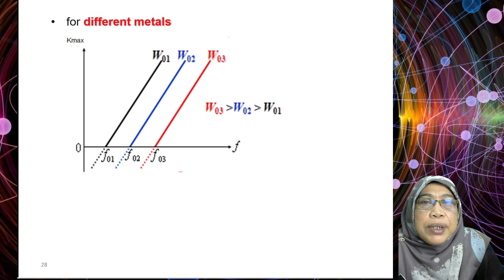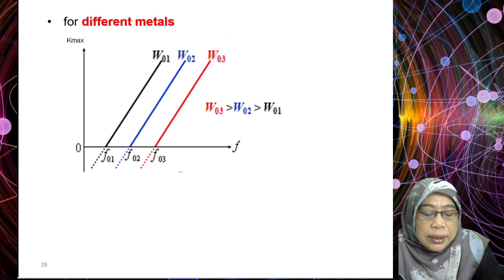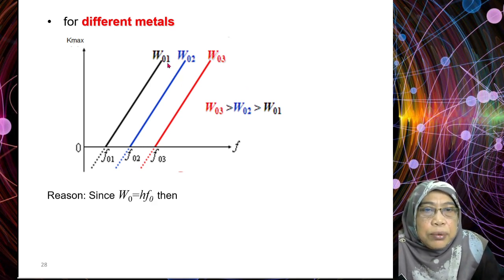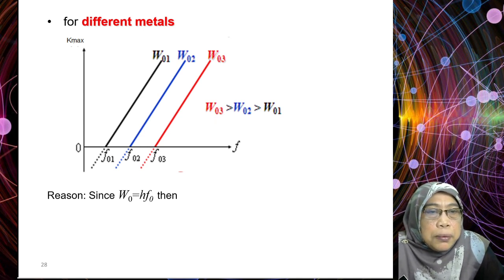Okay, let's say we have different metals. Still the graph of kinetic energy against frequency, we have metal 1, metal 2 and metal 3. Then they have different threshold frequencies based on their work functions. Given here, the work function of metal 3 is more than that of metal 2, and that of metal 2 is more than that of metal 1.